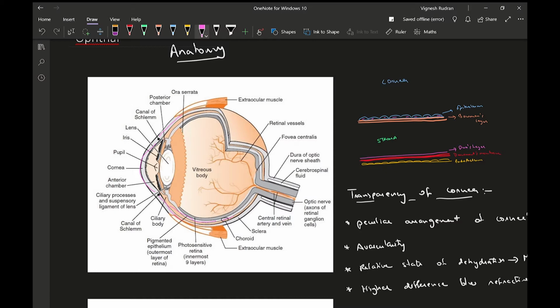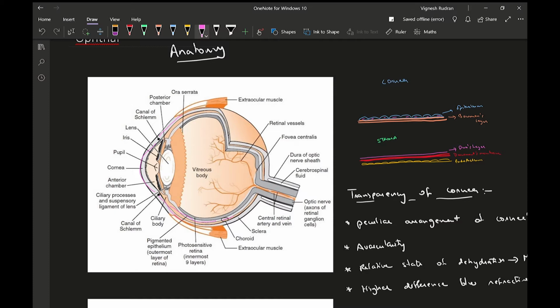One more thing: above the cornea, you have something known as conjunctiva. Conjunctiva is like a covering over the cornea and sclera. It is richly supplied by blood vessels. It's split into bulbar and palpebral conjunctiva. Those are small things which you need to know.